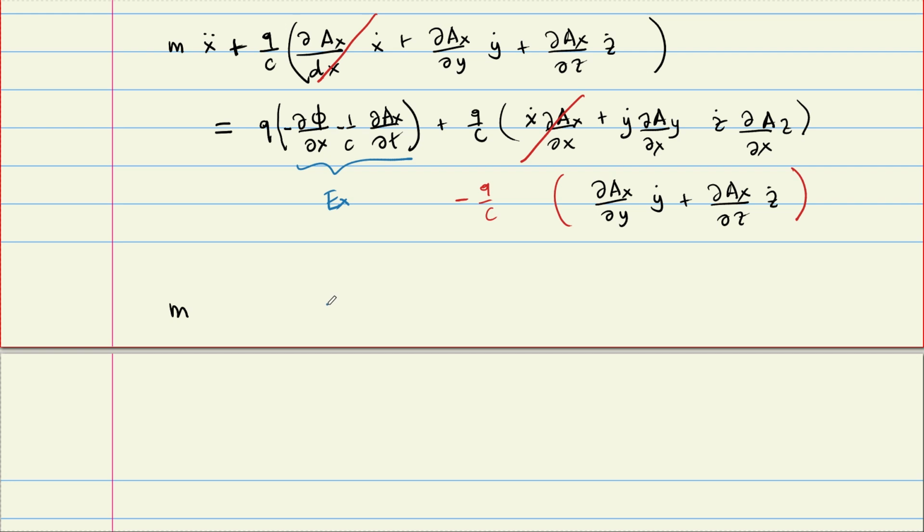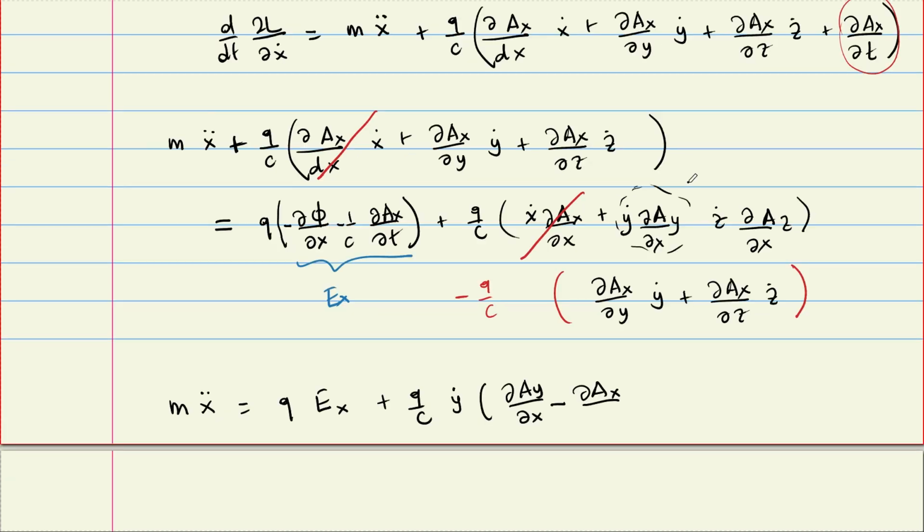So let me write that. m x double dot is equal to Q E x plus Q over C. So now I'm going to write y dot terms. So y dot del A y del x. So I've taken care of this term. And there is another y dot with the minus del A x del y. I think that's correct. Yes.